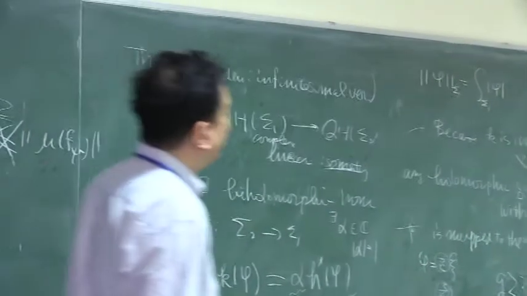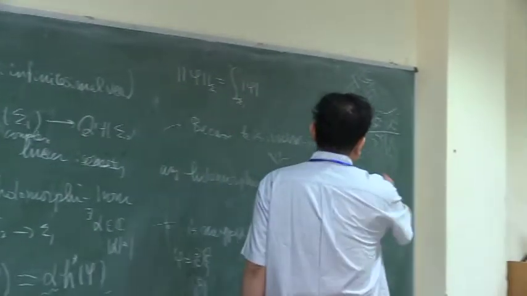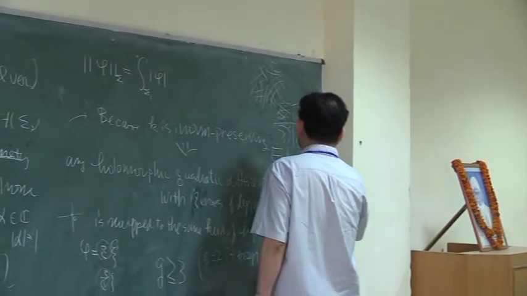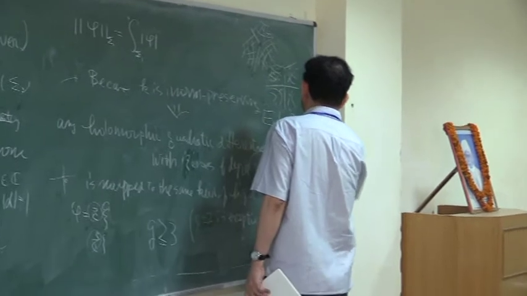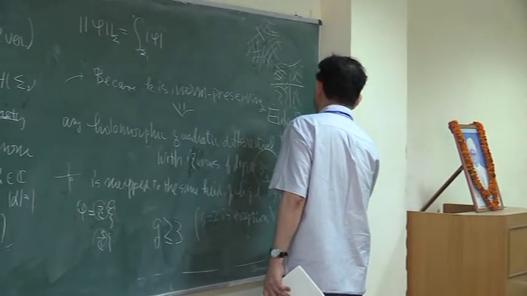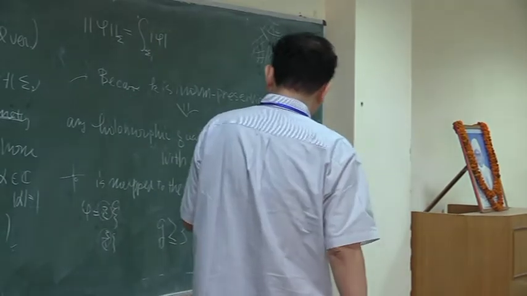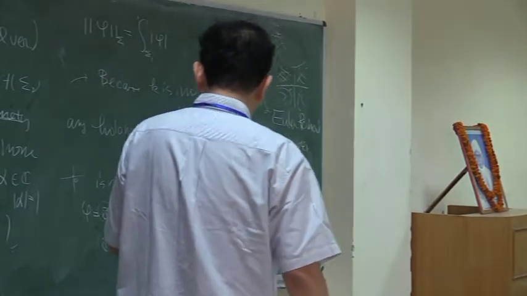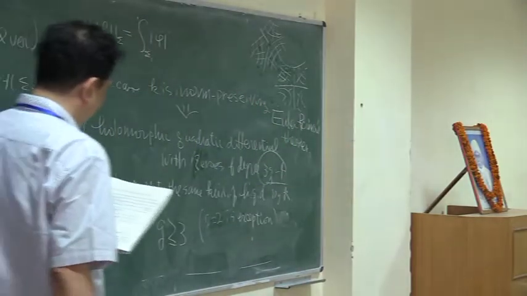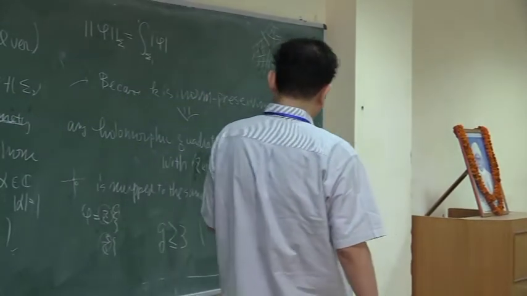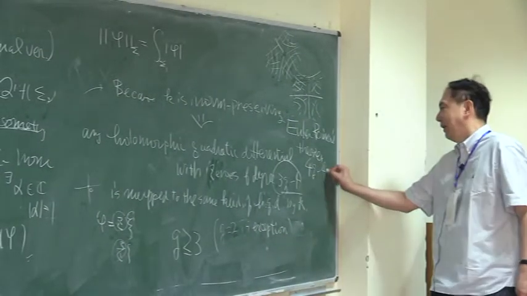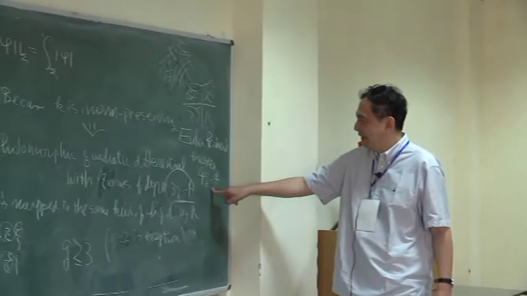Because there's the Euler-Poincaré theorem saying that the sum of the degrees of 0 should be equal to 4g minus 4. I'm not sure that it is correct.